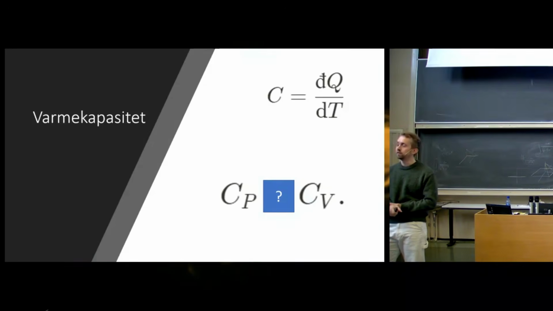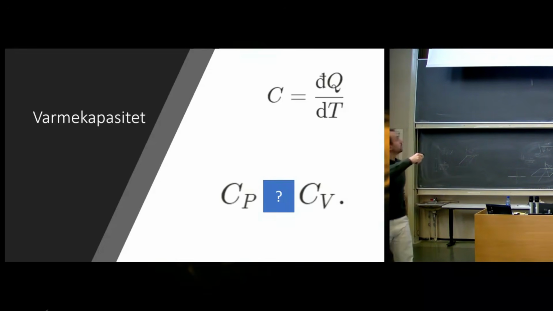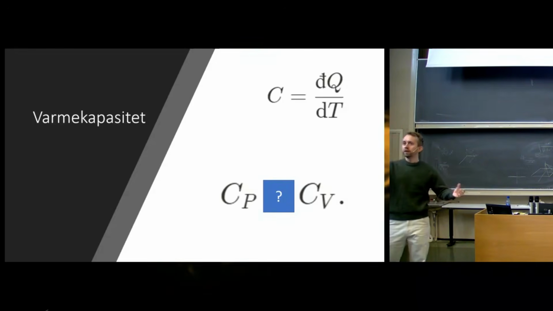Heat capacity is also important to understand how an engine works. The heat capacity of a gas is the amount of heat that you need to add to it to increase the temperature by 1 Kelvin. Now, there are different ways you can add heat. I could have a box, keep the volume constant, and add heat to it.